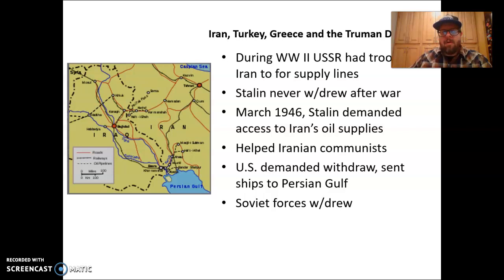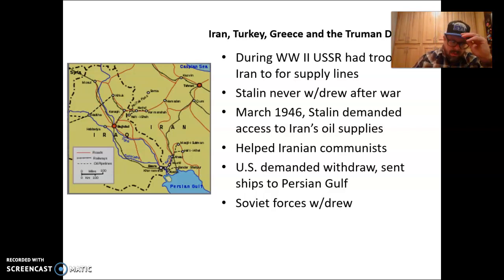And there was a threat that if the Soviet Union would not pull out of Iran, there might be a fight between the United States and the Soviet Union. And so in this situation, the Soviet Union backed down. They decided they were going to withdraw their troops, and the United States is going to end up having an immense amount of influence in Iran because of this.